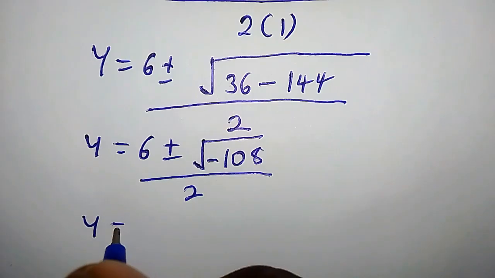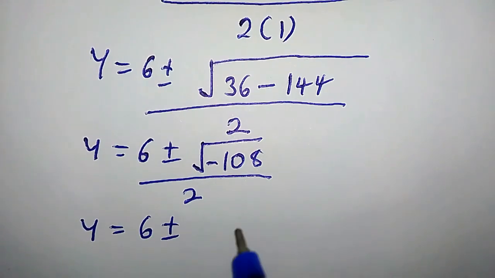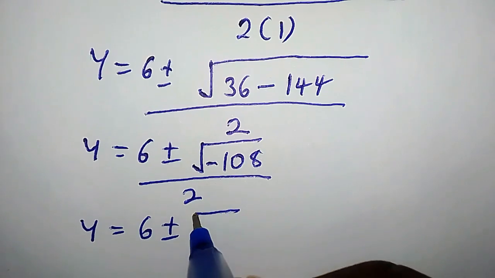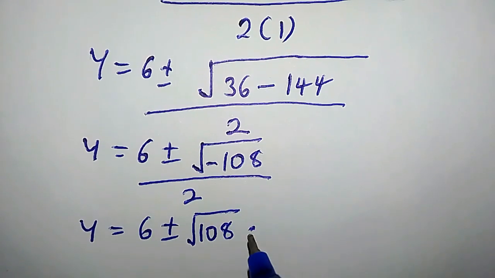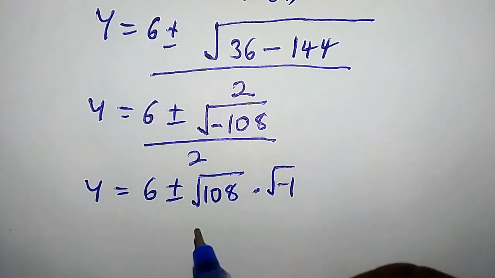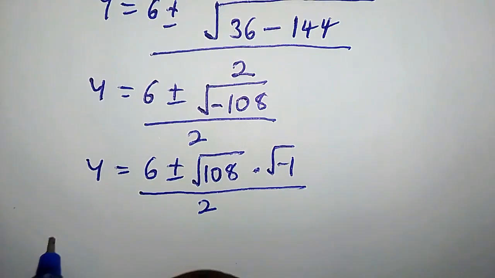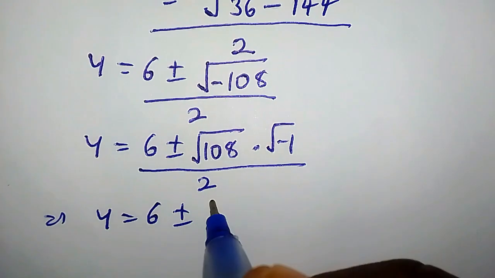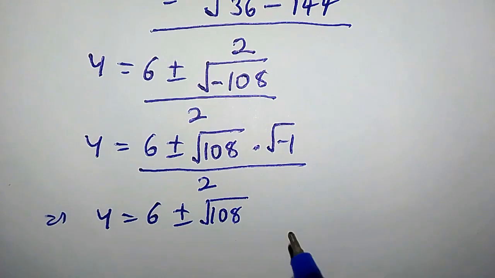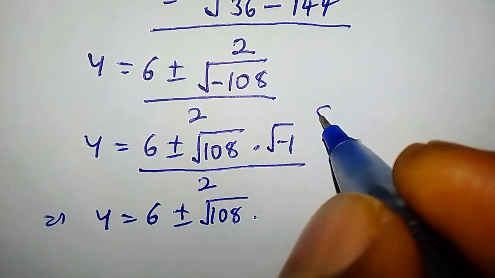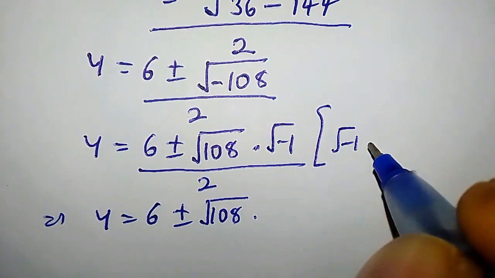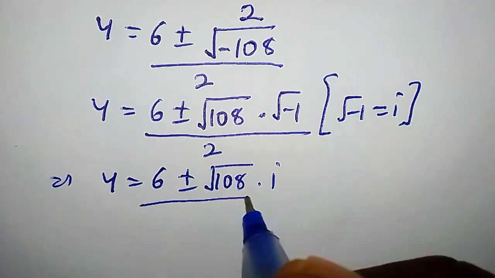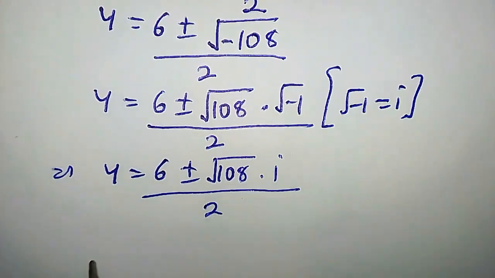So square root of minus 108 could be written as square root of 108 times square root of negative 1. Don't forget, from the complex numbers, square root of negative 1 is equal to i. So we have i here, divided by 2.